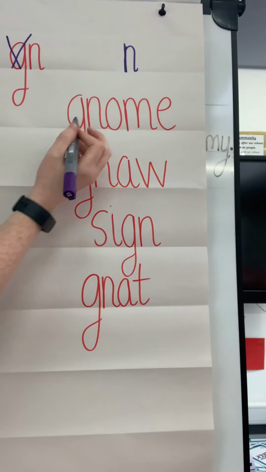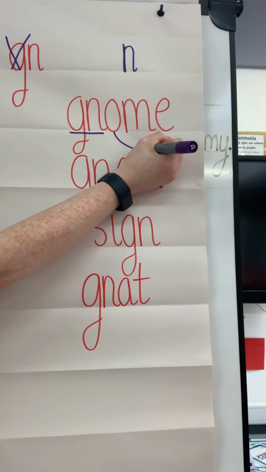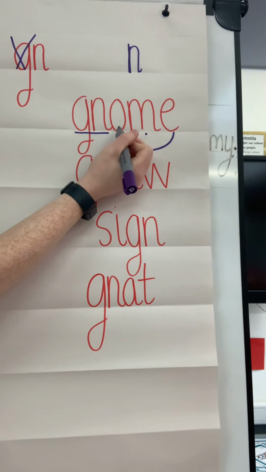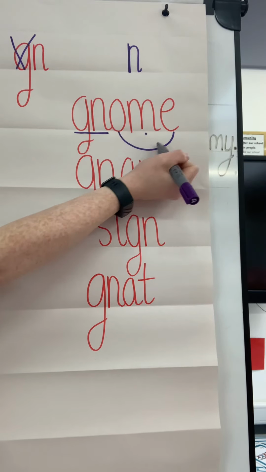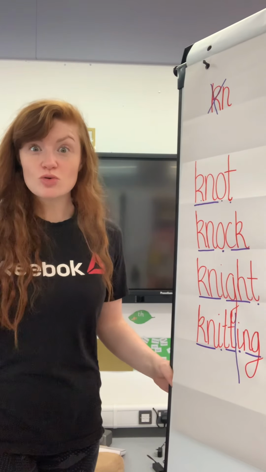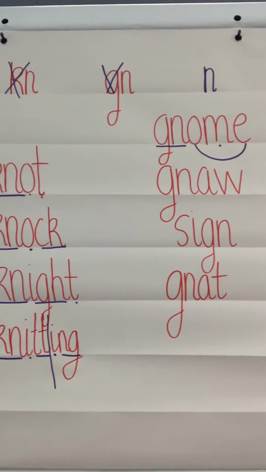We've got G and N making N, we've got our split digraph O, and then N, O, Gnome. Like a gnome that you might find in your garden. They usually have red hats. A gnome.